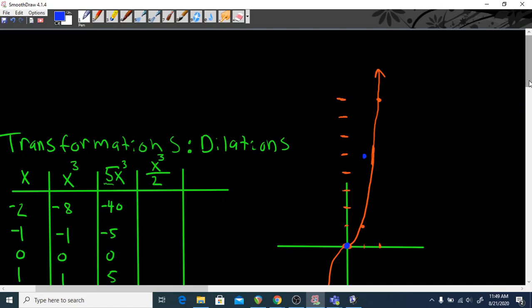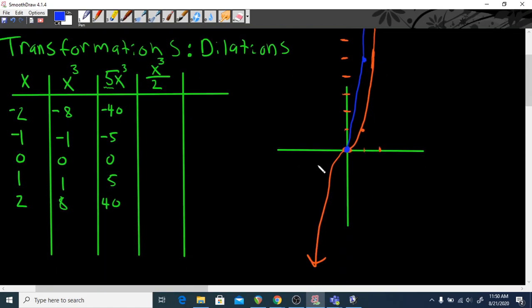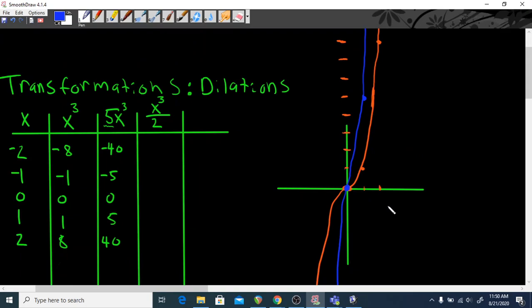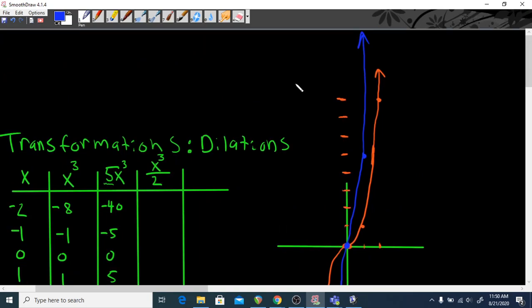If 8's where it's at right now, then 40 would be somewhere way off the screen. It would be something crazy like that. So this is like a vertical stretch.